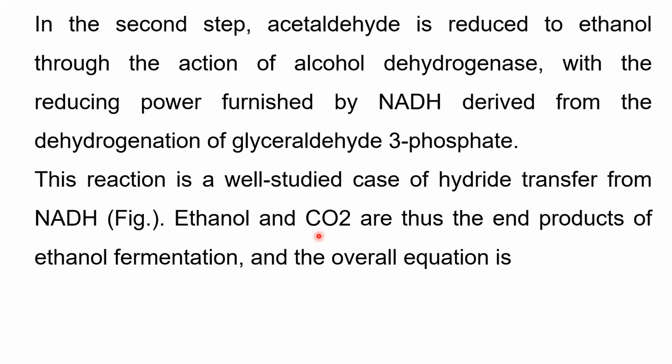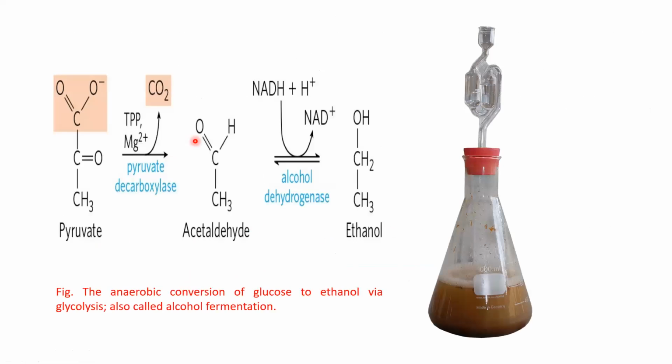So ethanol and carbon dioxide are thus the end products of ethanol fermentation, and the overall reaction is given as this. So in presence of magnesium ions and thiamine pyrophosphate, pyruvate is first decarboxylated, and from pyruvate you eliminate the carbon dioxide to form acetaldehyde.